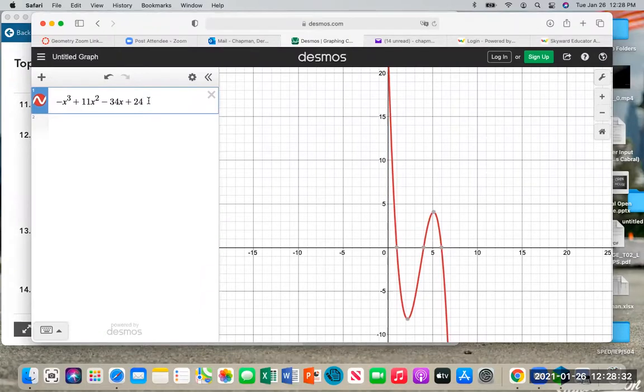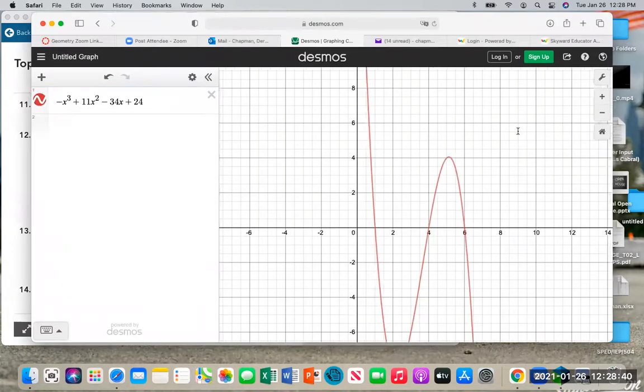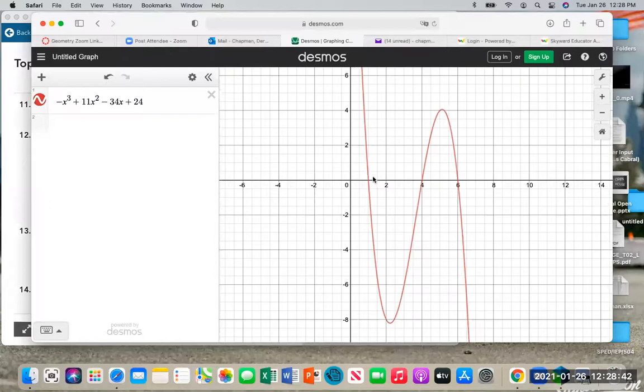So I've got negative x cubed plus 11x squared minus 34x plus 24 already typed in there. If we zoom in on this a little bit, you can see what those x-intercepts are. Here's the function that represents, after X hours of hiking, Sadie's elevation.